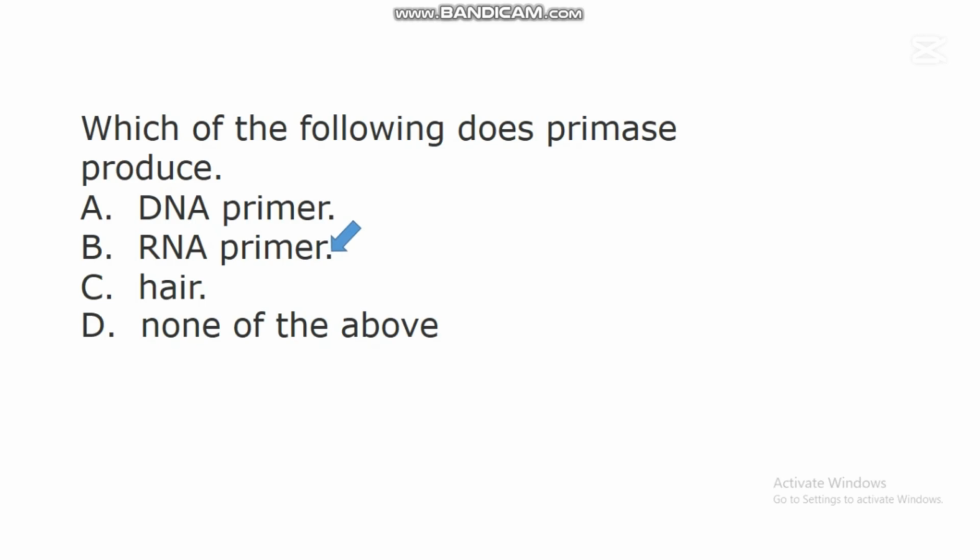But this primase begins the synthesis of DNA from the scratch by producing what we call RNA primer, which plays a great role in DNA synthesis. So this enzyme known as primase produces what we call RNA primer that is useful in the area of DNA synthesis.